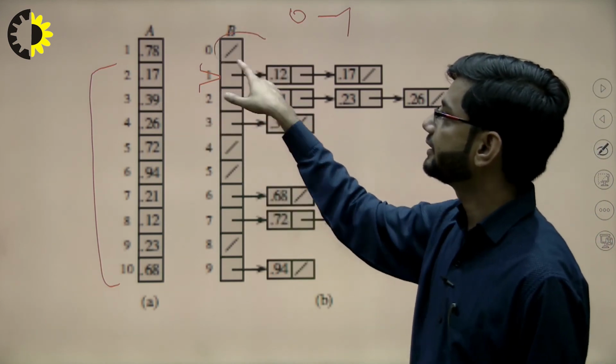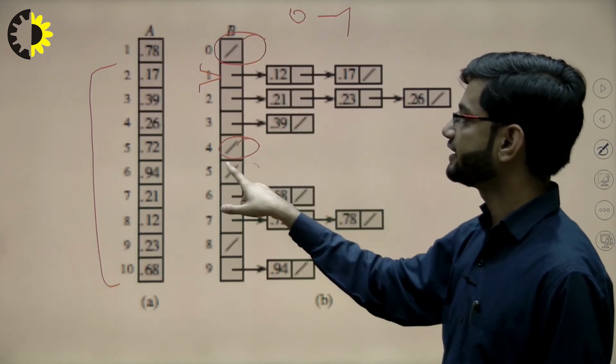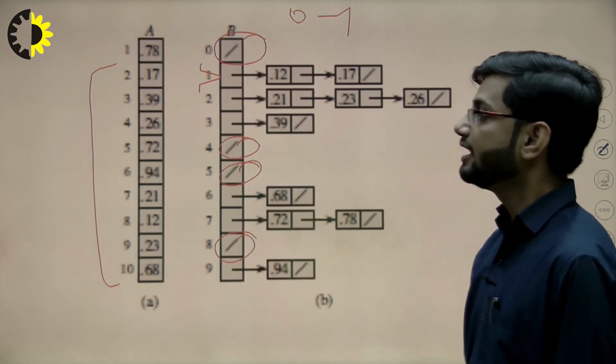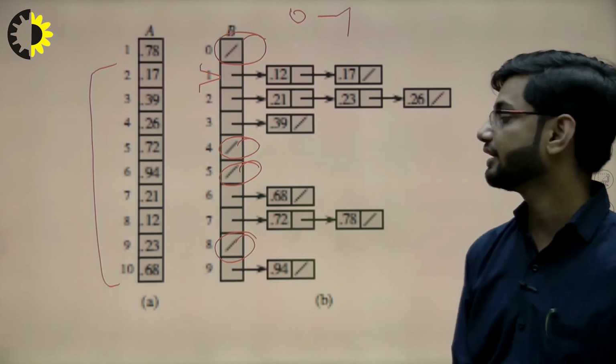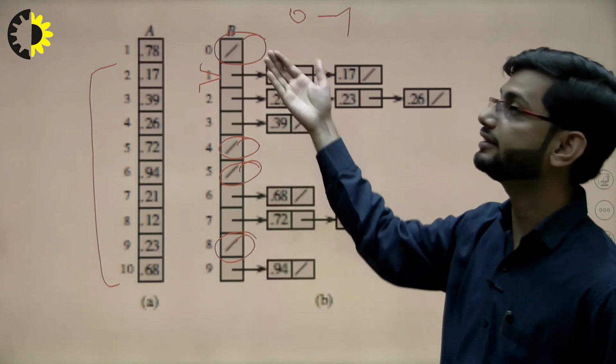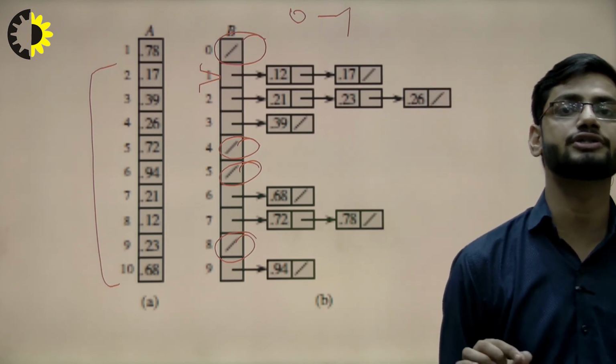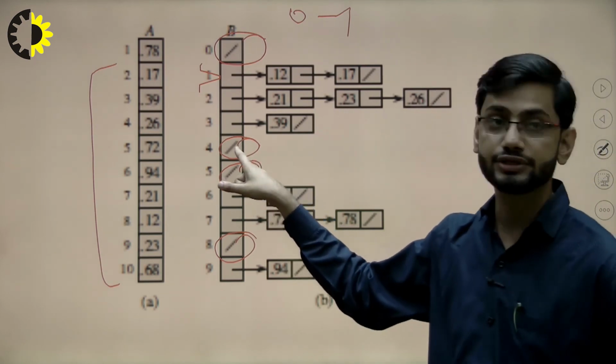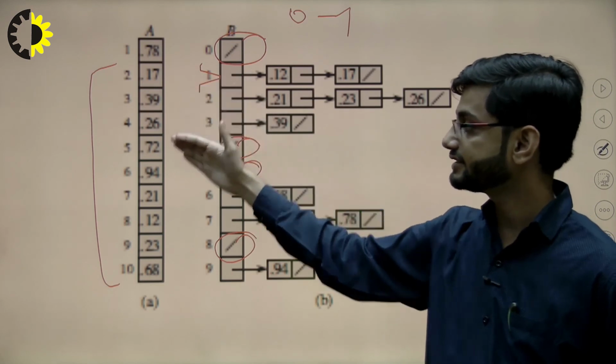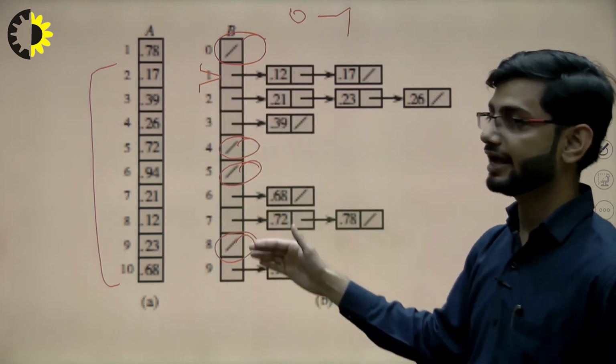And these forward slashes represent that we have no element in the 8th, 5th, 4th and 0th buckets, meaning we do not have such elements, like 0.01 or 0.40. That's why these buckets are empty.